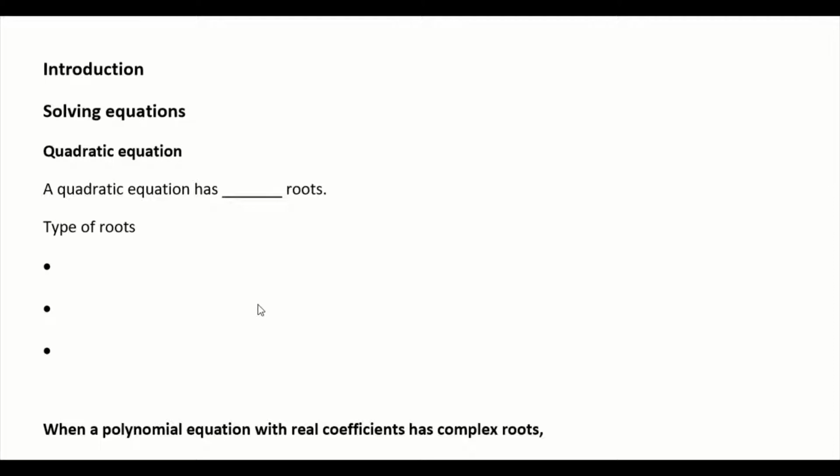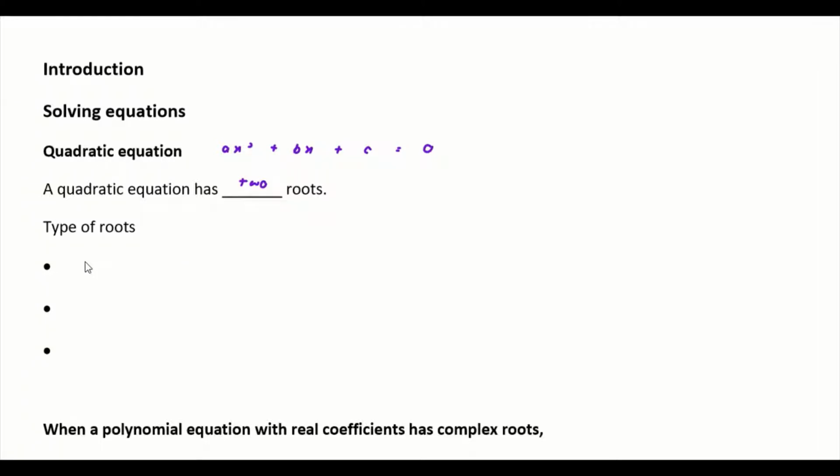Let's start with the quadratic equation. We know that a quadratic equation has the general form ax squared plus bx plus c equals 0, and it always has two roots. There are three types of roots that we learned.